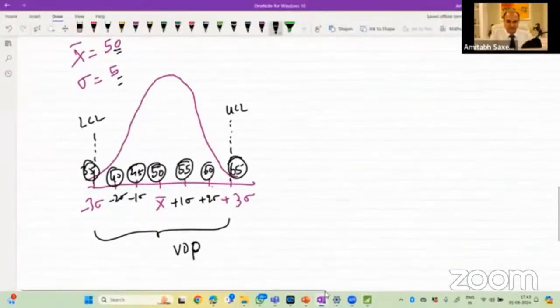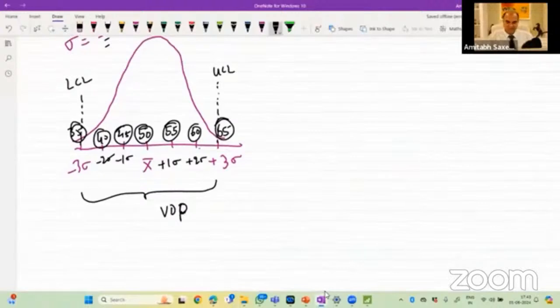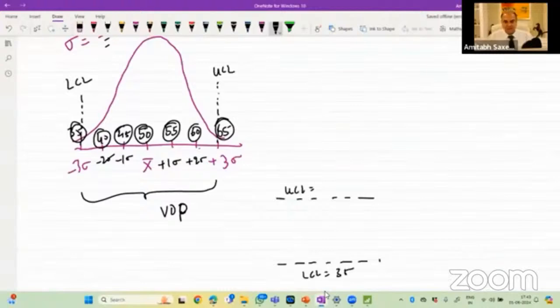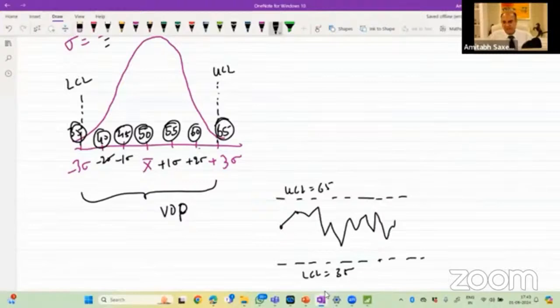I have got a lower control limit of 35 and an upper control limit of 65. Means my recruitments will take place like this. All of my recruitments will be between 35 to 65.